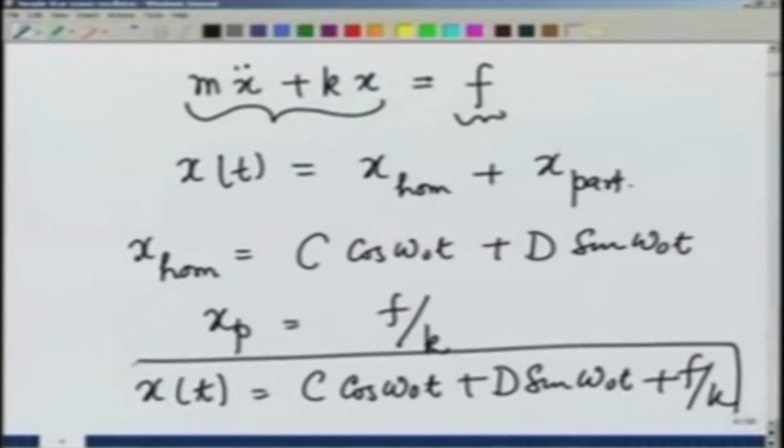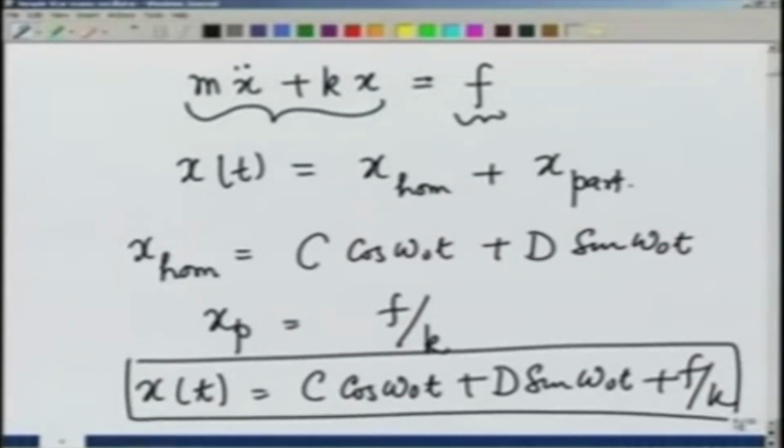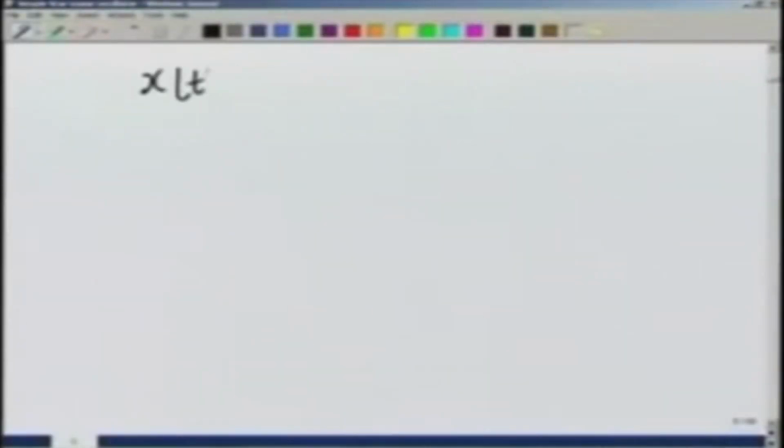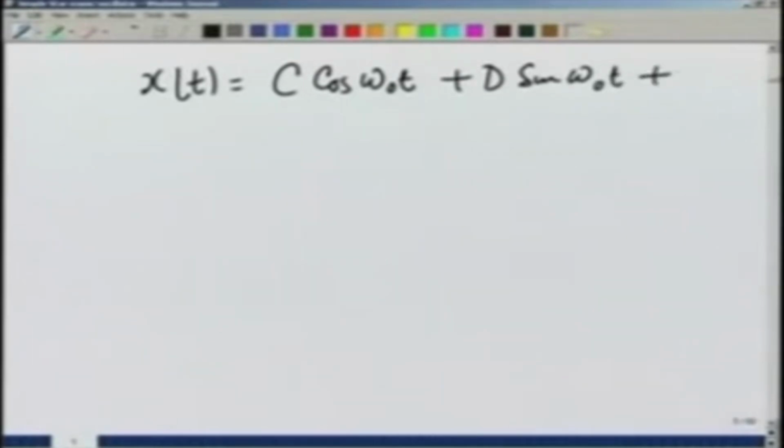This is the general solution, and only after I write the general solution do I impose the initial conditions. So, let me first write the solution once again: x(t) is equal to c cosine of omega 0 t plus d sine of omega 0 t plus F over k. I stretched the block out, that means I took the block from x equal to 0 to some distance A and released it with no initial velocity.